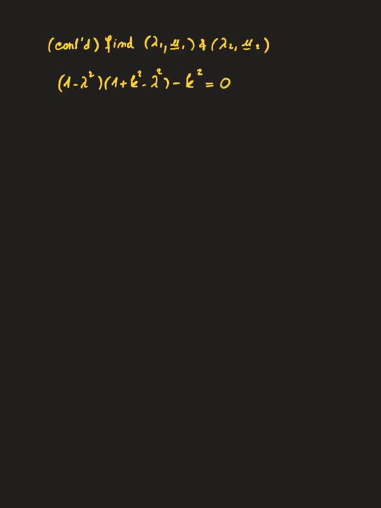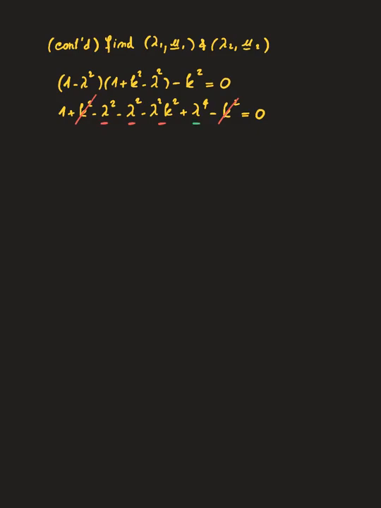Okay, so let's expand a little bit the things. So we get 1 plus k squared minus lambda squared, and then there is minus lambda squared minus lambda squared k squared, and then plus lambda to the fourth minus k squared equal to 0. It's always very beautiful when things simplify, so this and this go away, and in fact there are objects which factor lambda squared, and then objects factoring lambda to the fourth power.